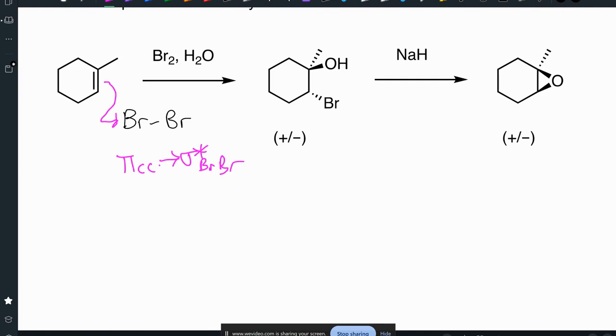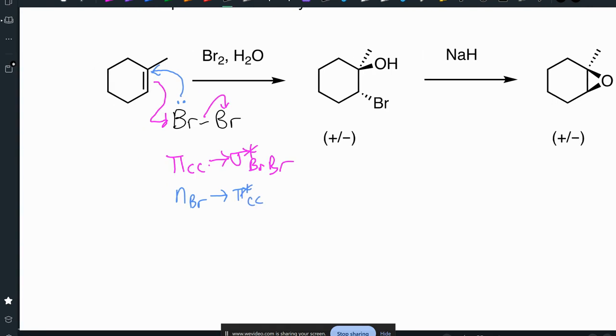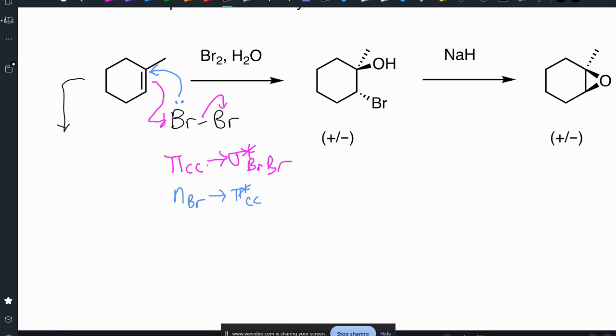At the same time, we have our counterattack where the bromine lone pair attacks pi star CC. And that's going to form our bromonium ion intermediate.